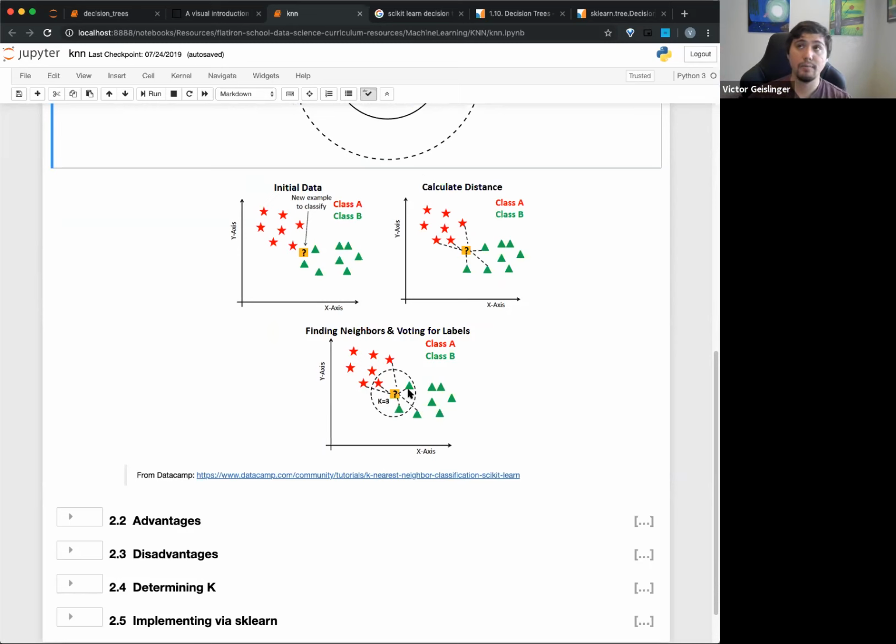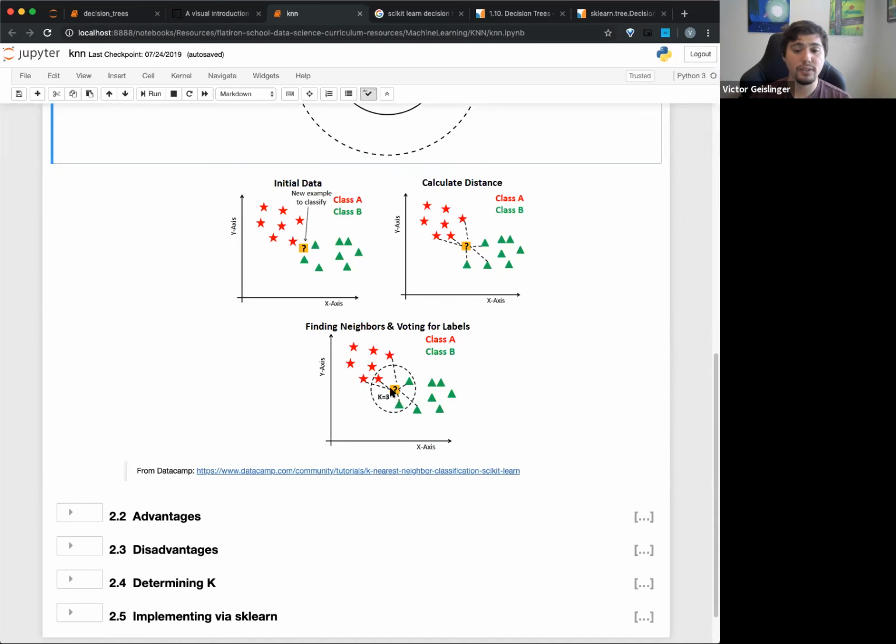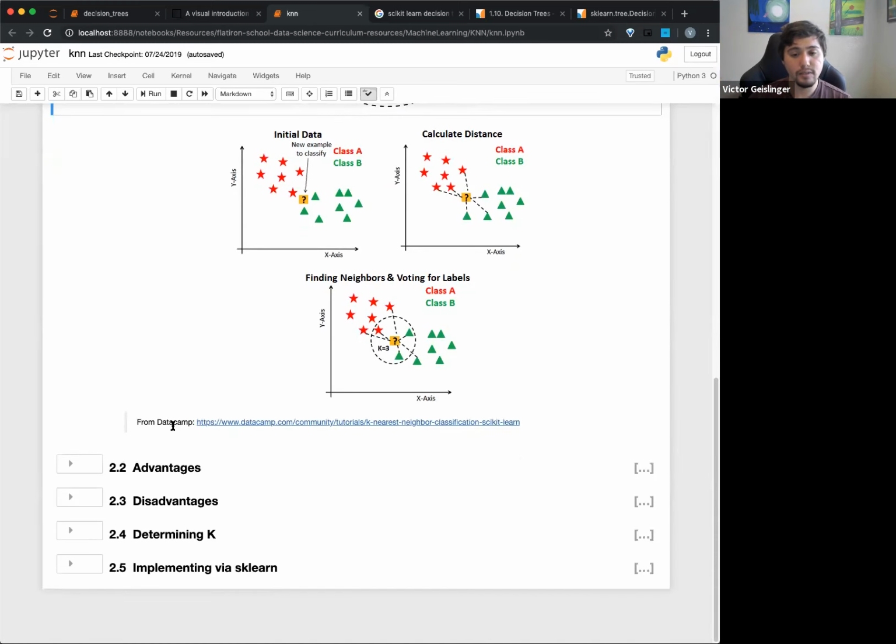And the stars, if they're closer, they're trying to pull you to their group. And whoever's closest is going to overall win. So you might have one person who's really close to you, but you might have 3 stars that are a little bit further away, but there are 3 of them all pulling you towards that point. So it's kind of a balance between the two. And basically you just want to average them all together. Yeah, this is from DataCamp, which I thought was a good example of what's going on.